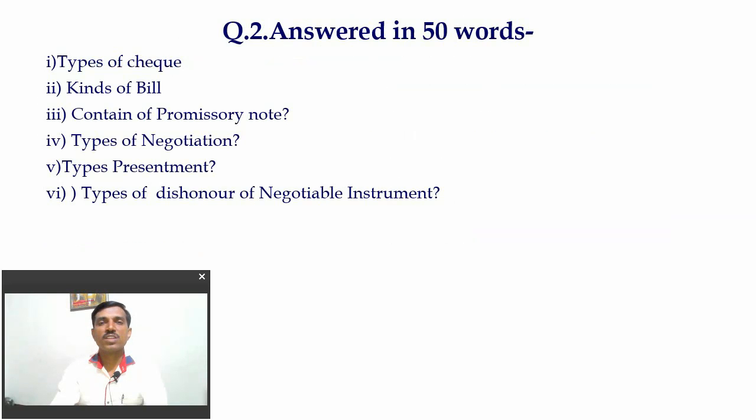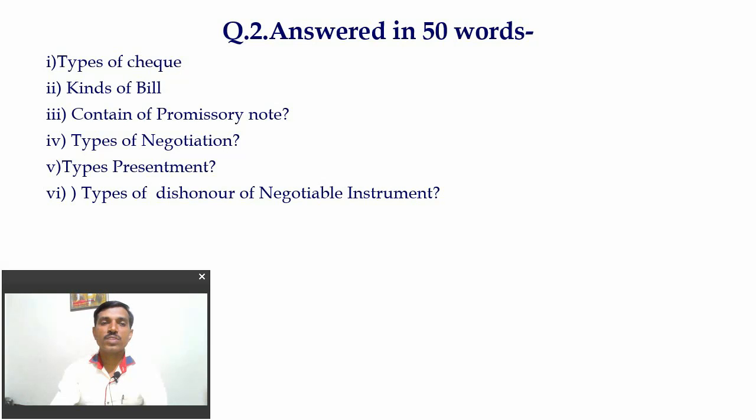Answering in 50 words, short-note type questions: types of check, the bearer check, cross check, traveler's check, stale check; kinds of bill, the escrow bill, demand bill, inland bill. These types are mentioned in the bill of exchange. A promissory note contains the date, the place, and the necessary stamp.